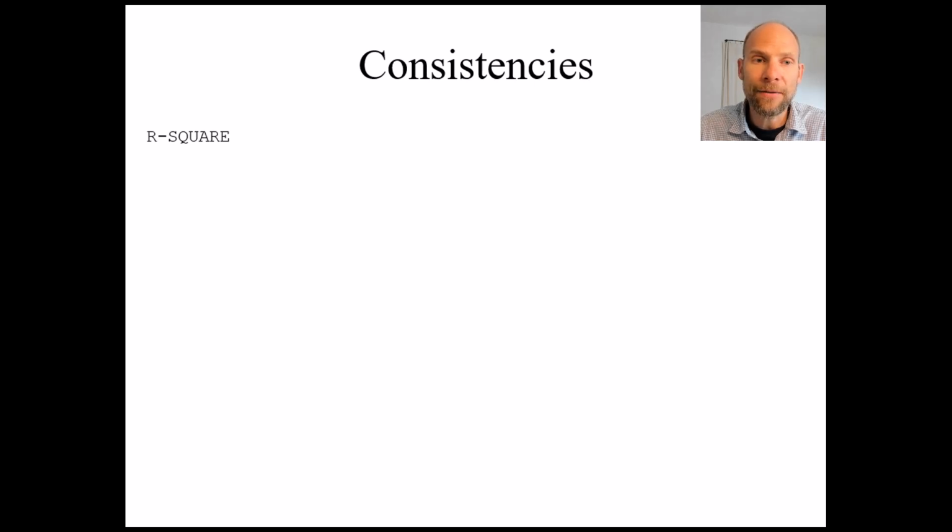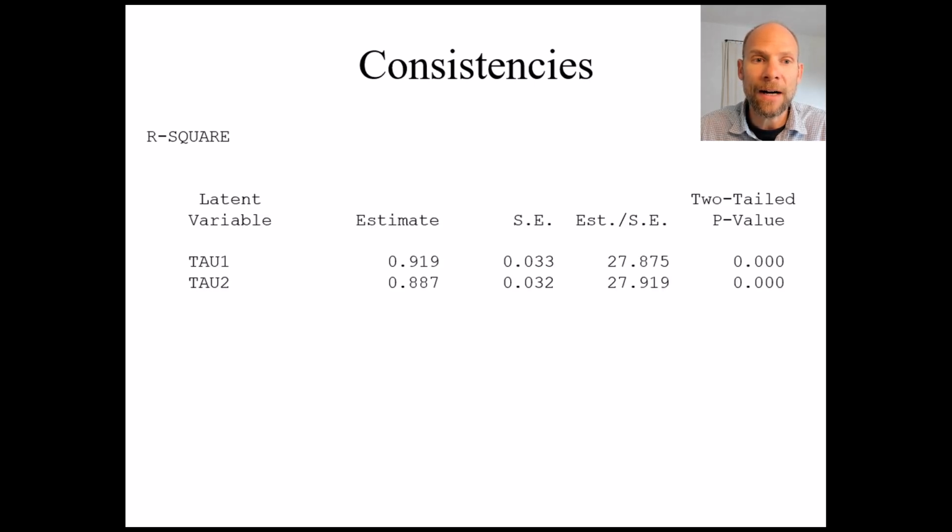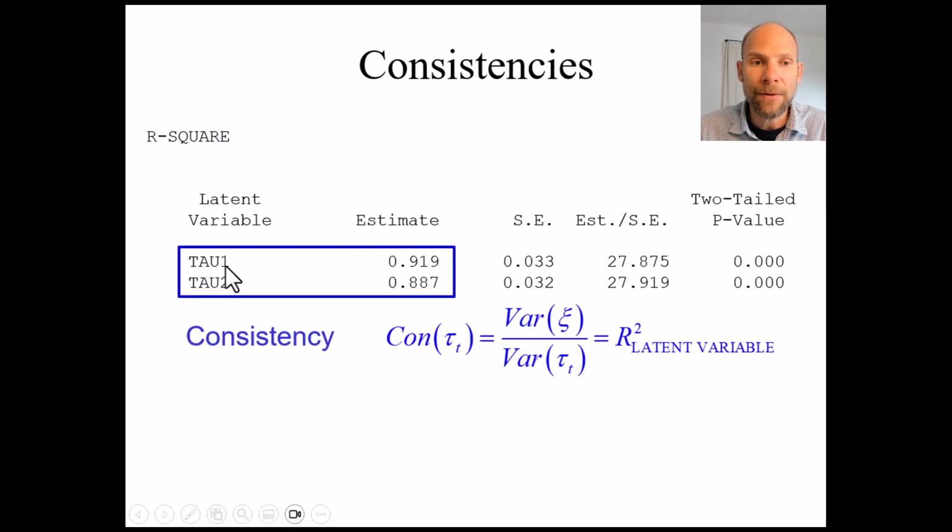Furthermore, we get the consistencies for the latent variables, and those are given in Mplus under R squared for the latent variables. So here you can see those estimates for tau 1 and tau 2 under R squared are the squared standardized second order factor loadings, which we saw were both above 0.9.